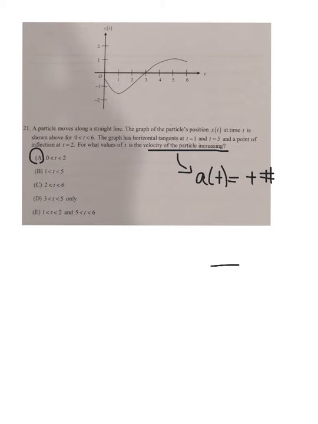So if I were doing a sign chart for the acceleration, 2 would be my point of inflection, and I would be going from concave up to concave down. And it asks, again, let's go back, I'm looking for where the acceleration is a positive number. So any time prior to time 2, and that's why the answer is choice A.